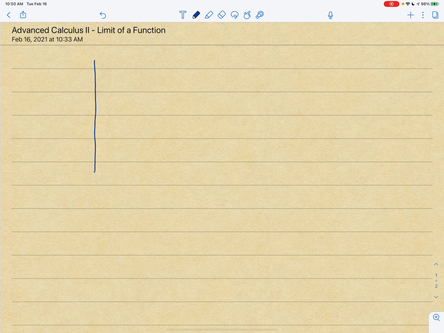Graphically, let's look at the following function. Okay, so f of x is going to look like this. Then maybe like that.